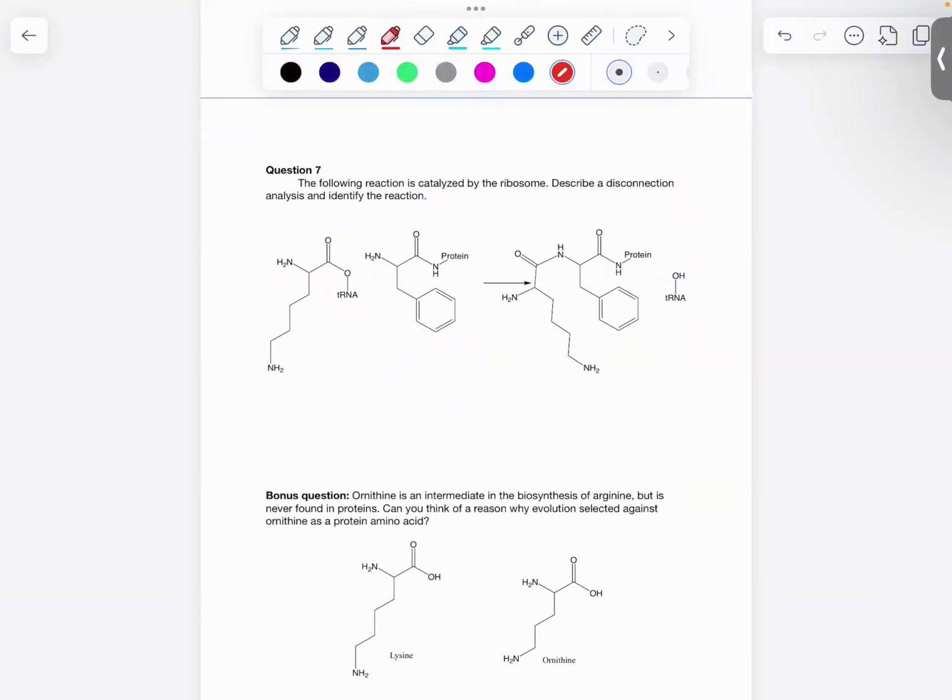So next we are doing a disconnection analysis on this molecule here. And so we can see that this bond is broken and we're going to lose one of those protons. And then we can draw out our asterisks.